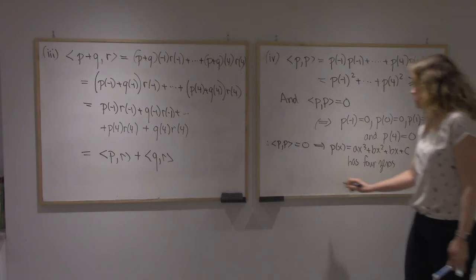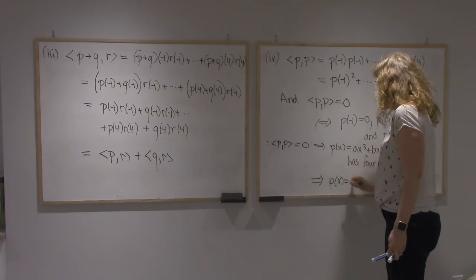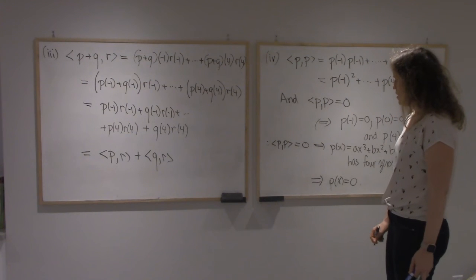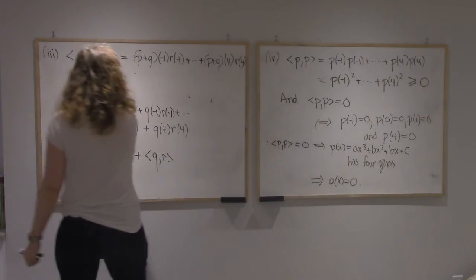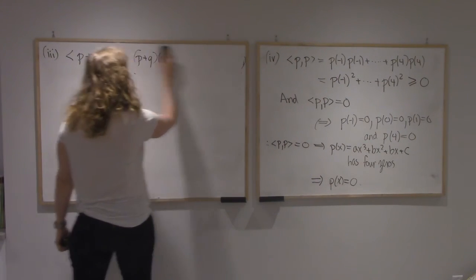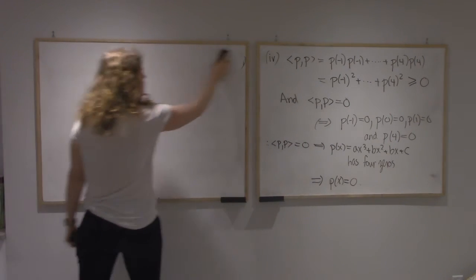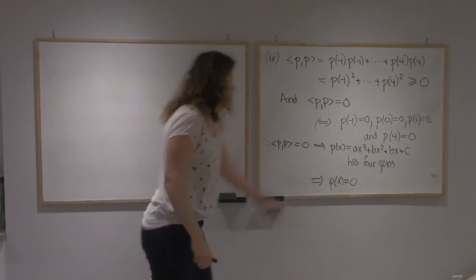That means P is 0. Alright, so that proves one direction. The other one is pretty trivial, but let me do it nonetheless to be complete. The other direction, I'm going to assume P is 0.